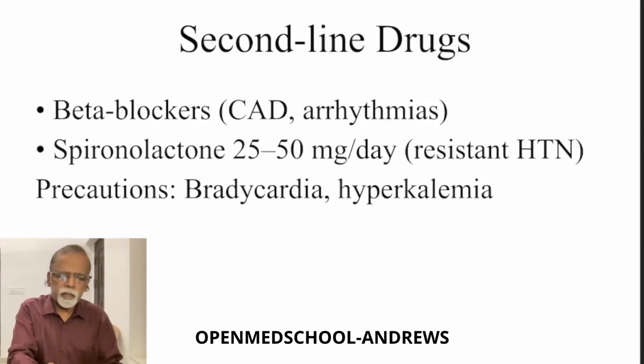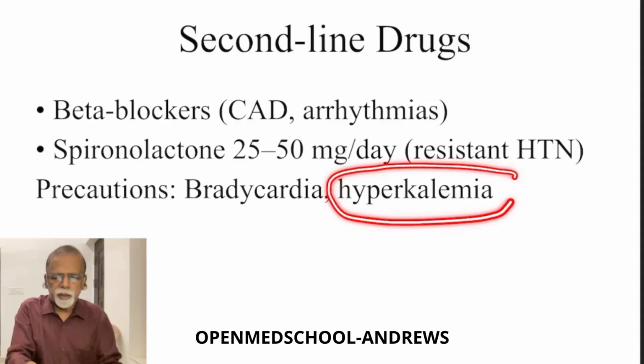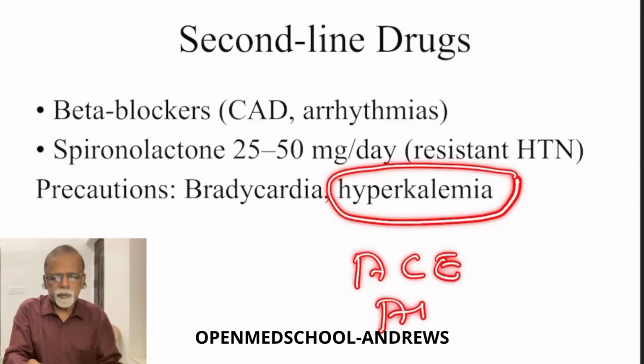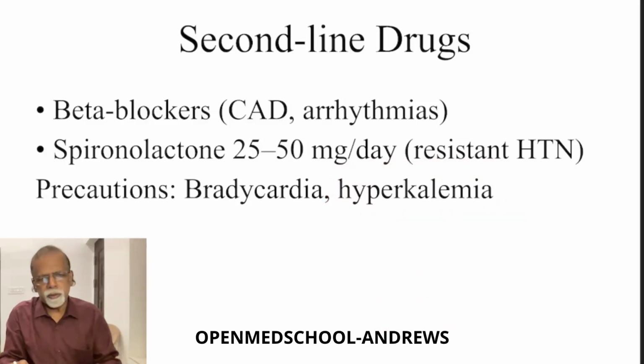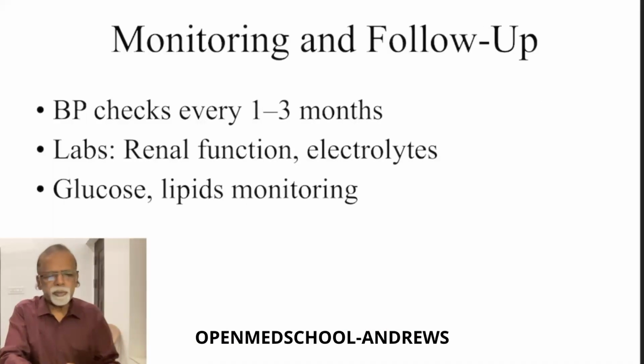Beta blockers are gradually being phased out from the treatment of hypertension unless there is a comorbidity like coronary disease or arrhythmias. Then another drug is spironolactone in resistant hypertension, 25 to 50 milligrams. But again, remember, it can produce hyperkalemia. Already the patient may be on ACE inhibitor and or ARB, and addition of spironolactone can lead to hyperkalemia.